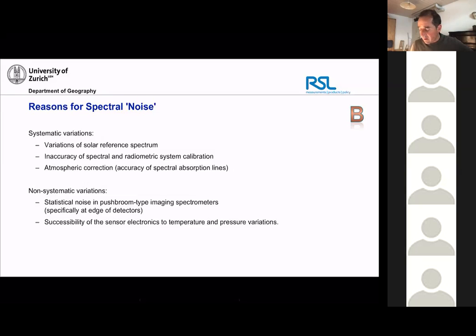In the ATCOR package, there are a few of them implemented, and you can try them in the exercises afterwards. Try to find maybe systematic variations or non-systematic variations as well. The image you have is maybe not the best suited because it's a very well calibrated instrument. So you don't see that much noise as in other instruments, but you still can try if you can remove some of it or how much is left.